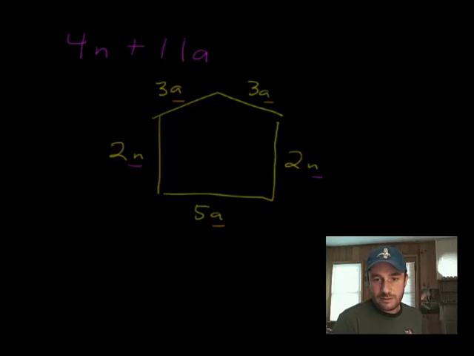Let's try another one. All right. Combine like terms. On this one, the problem was 5d squared minus 3d squared plus d.